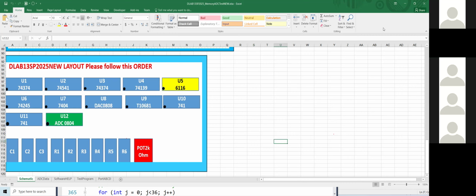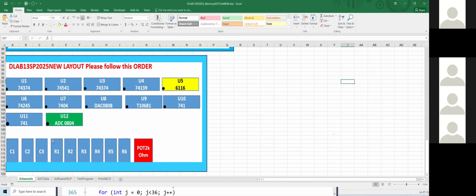Yeah, I have a question. On the build, you're saying follow that order. IC13 isn't up there, so that would go after 12, correct? And then the capacitors and the resistors, I thought would just follow after the last IC. No?